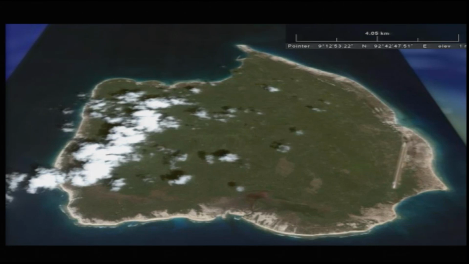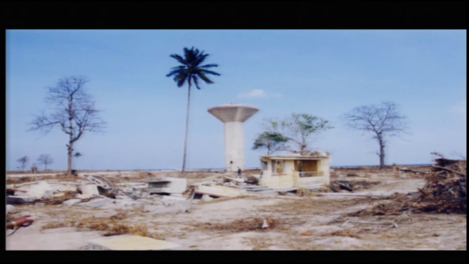This is the airstrip, and this whole area has a wonderful beach and the residential area, but this whole portion was affected by the tsunami and the region was devastated, and this area subsided by almost 1 to 1.5 meters, or 2 meters at some places.